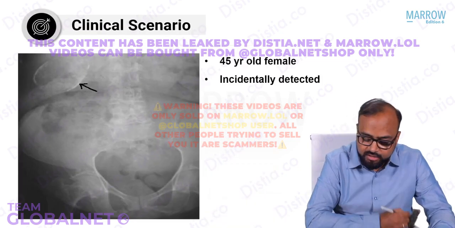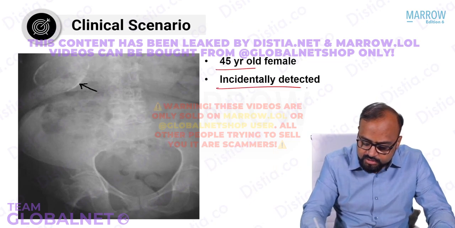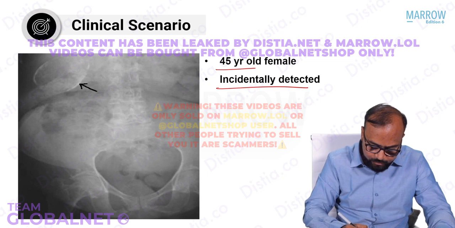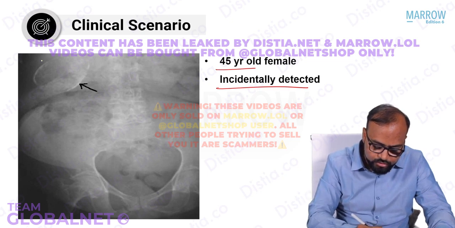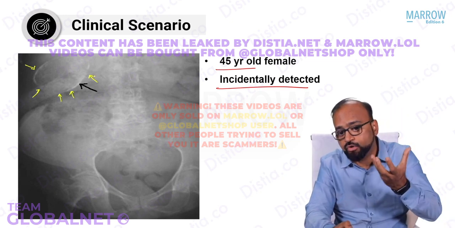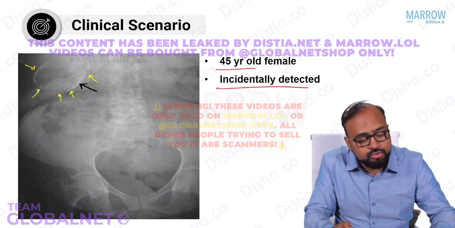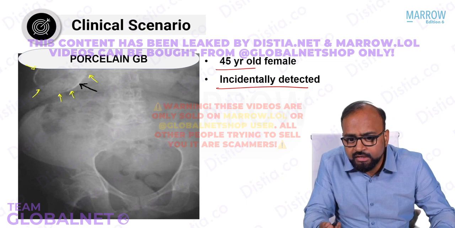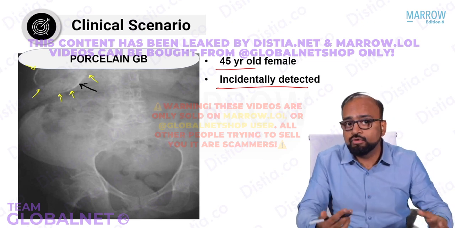Now look at this finding now. This is a 45-year-old female incidentally detected finding. What is the finding? Can you see that on this abdominal X-ray, you are able to see the wall of the gallbladder is calcified, more or less as if it is a ceramic or a porcelain gallbladder. So this is actually called as a porcelain gallbladder. It is usually asymptomatic, characterized by calcification of the wall of the gallbladder.